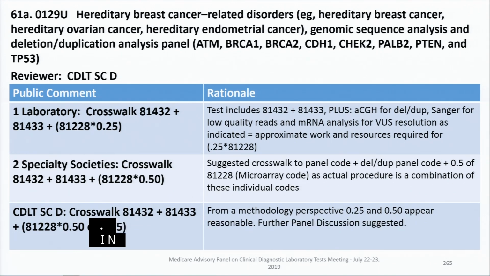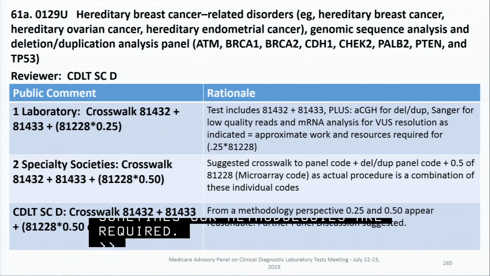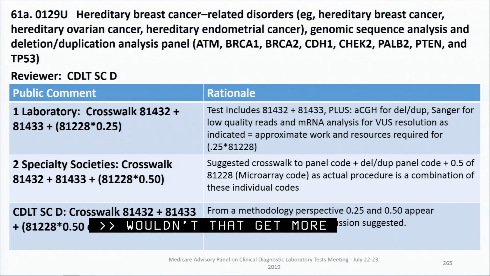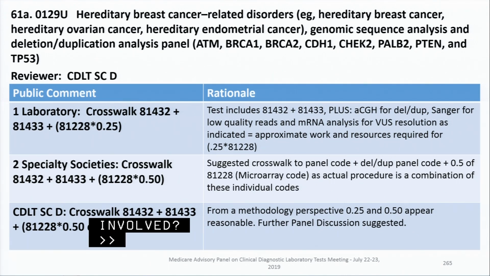Then wouldn't it be more reasonable to list a PMS2 deletion code? Perhaps if PMS2 were included in this panel, that would be appropriate. Or whichever gene specific it is that you're saying has more work.